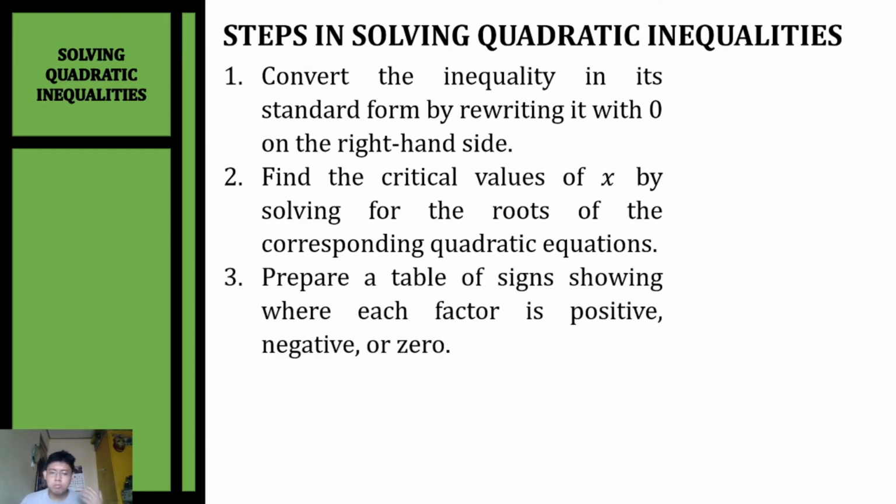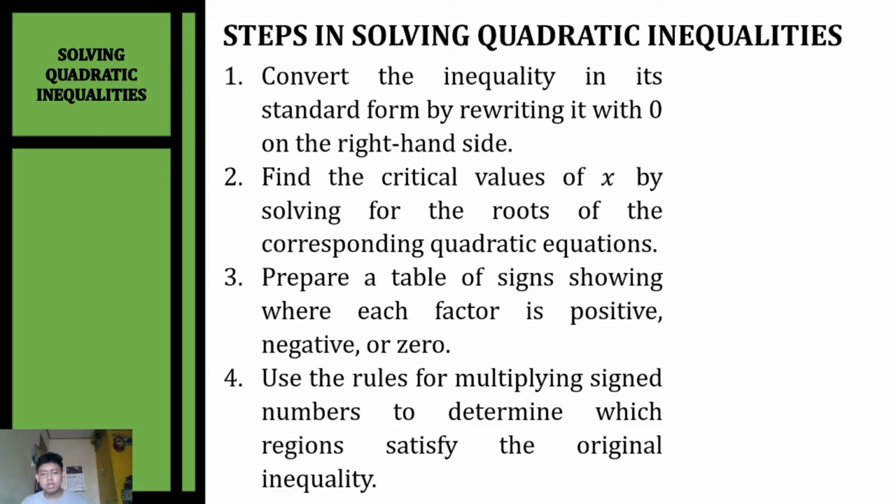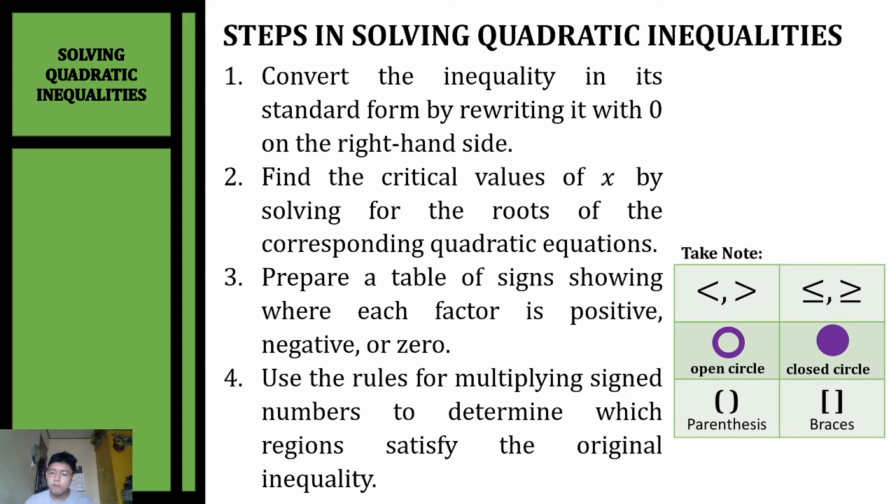Third step is to prepare a table of signs showing where each factor is positive, negative, or 0. And fourth step is to use the rule for multiplying signs to determine which regions satisfy the original inequality. And also take note of the following symbols that we're going to use to write our final answer. Now, let's have some examples in solving quadratic inequalities.